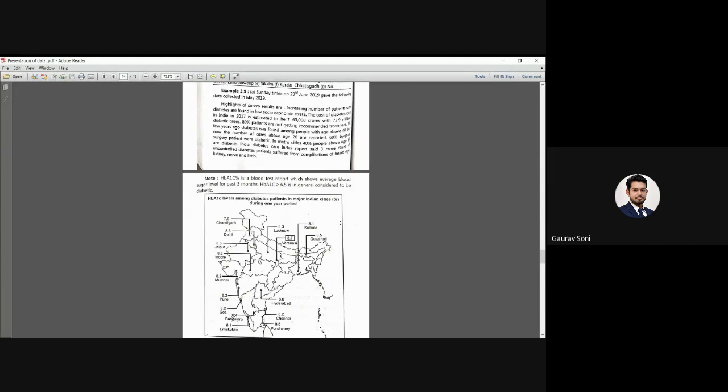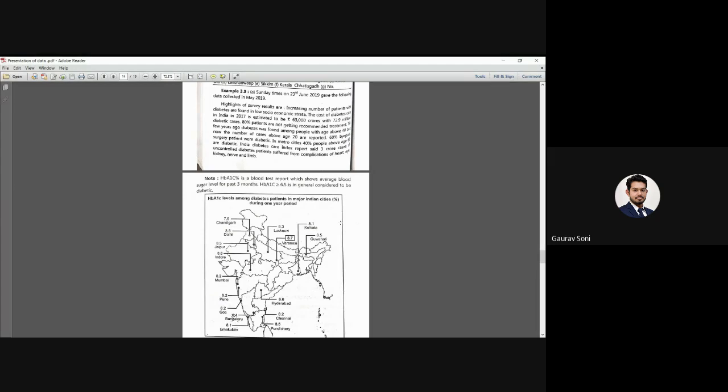The cost of diabetes care in India in 2017 was estimated to be 63,000 crore with 72.9 million diabetic cases. 80% of patients are not getting recommended treatment. Till a few years ago, diabetes was found among people above age 40. But now cases above age 20 are reported. 60% of bypass surgery patients were diabetic.